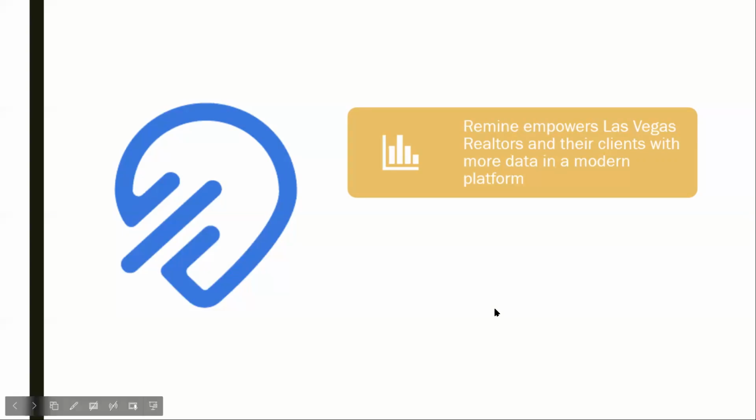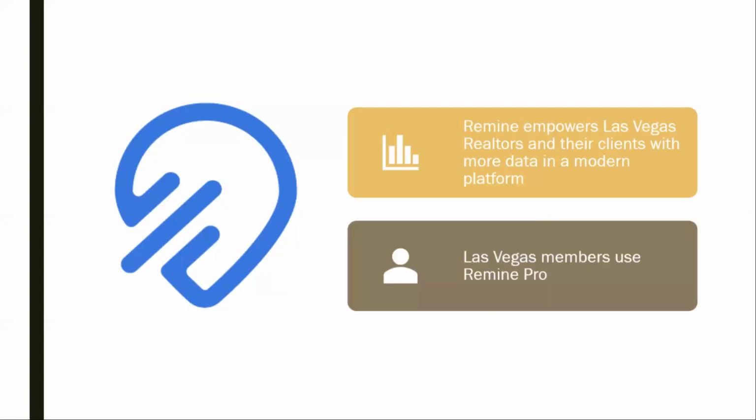Okay, and this right here just tells you that it empowers you guys to view more data in a modern platform. I just told you what type of data we're going to get, and I'm going to show you more actually. The version that we use as Las Vegas Realtors is the Pro version, and to you guys it might not mean much, but if the association does not provide you the Pro version, that is an additional $200 a month out of your own pocket.